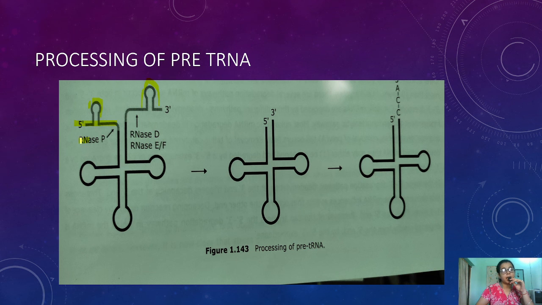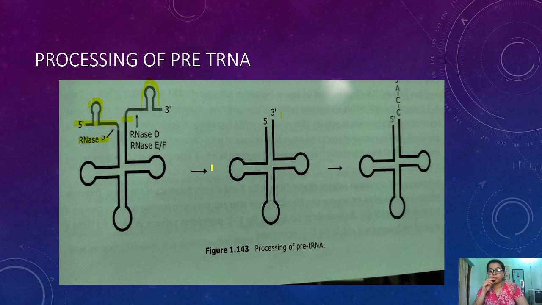RNase P is a protein which makes the 5' cut, the cleavage in the 5' region of the tRNA. Next, another enzyme, RNase D, E and F, makes a cleavage or cut in the 3' end. As a result, you can see this part is completely removed and we get the 5' and the 3' end.